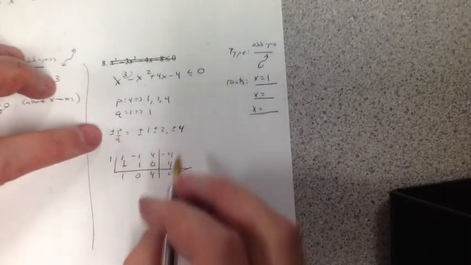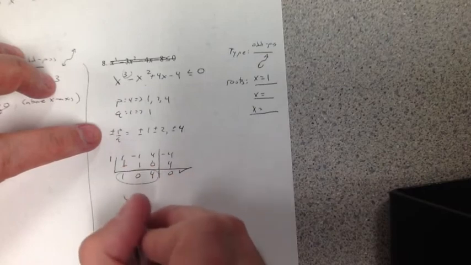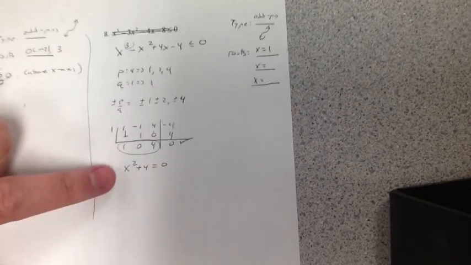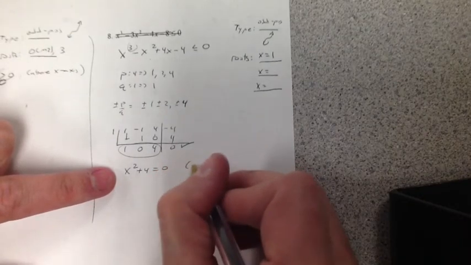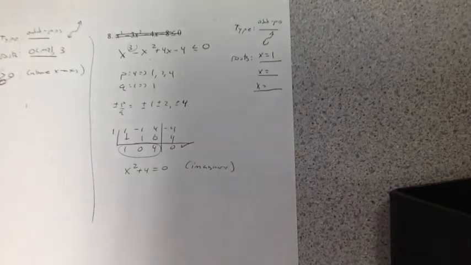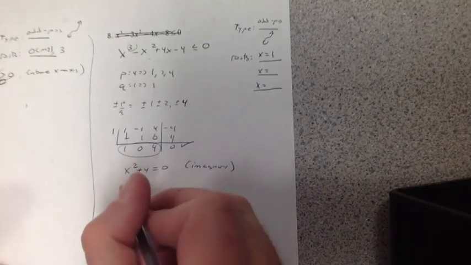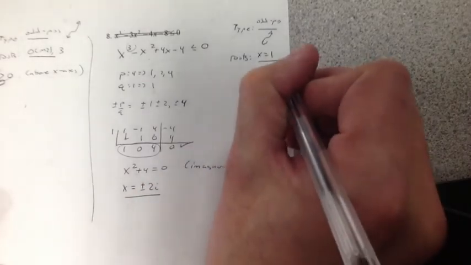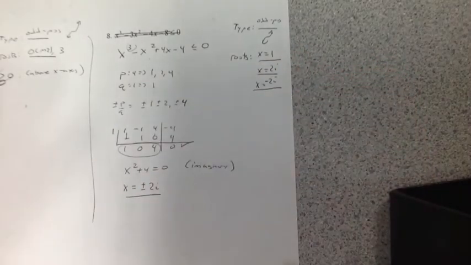If I check my other ones, I use my reduced polynomial, x squared plus 4 equal to 0. I can't solve that with real numbers. These are going to be imaginary, which means I couldn't graph them. This becomes x equals plus or minus 2i. So where do we graph?